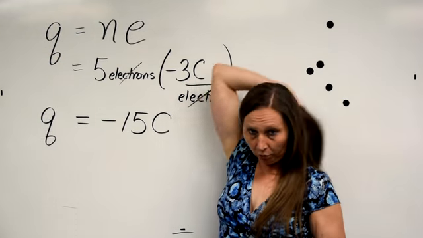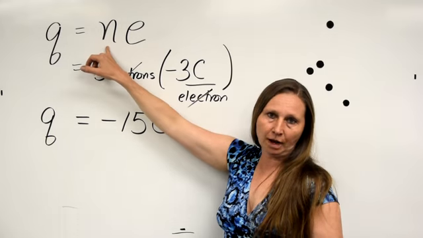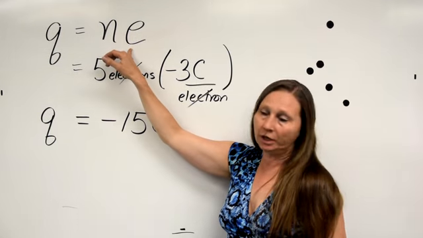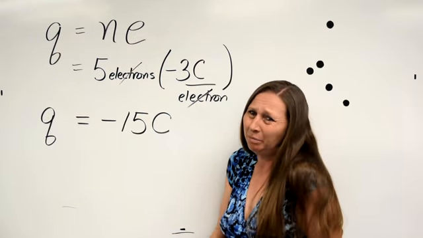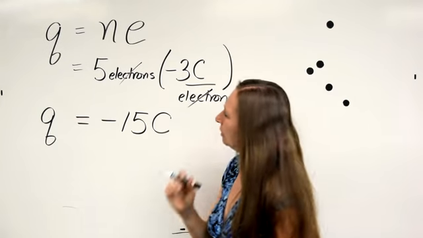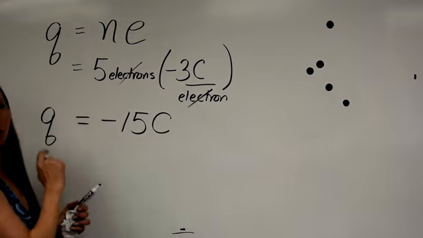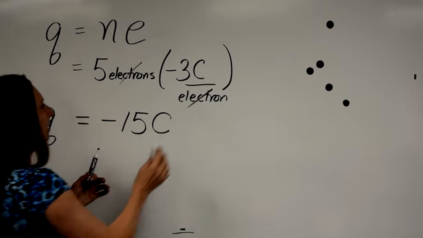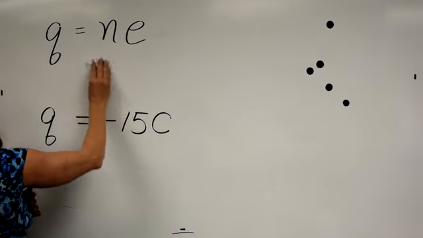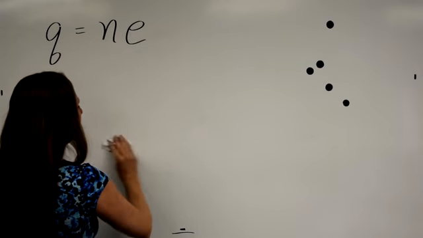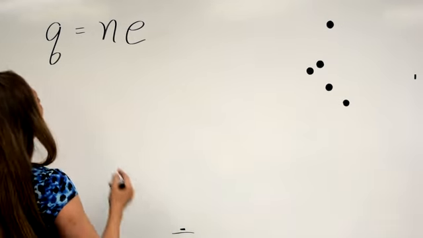So you see where we're getting this equation from. We made up our own little equation that says, if you know how many electrons you have and you know the charge on each electron, you can calculate the total charge by multiplying. That's simple, right? Now, what if you knew the total charge and you wanted to know how many electrons that would be? What if the total charge is negative 24 coulombs?